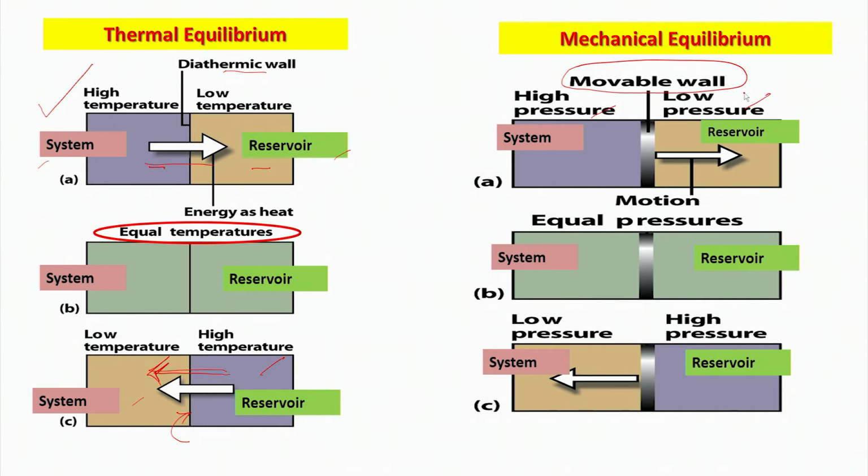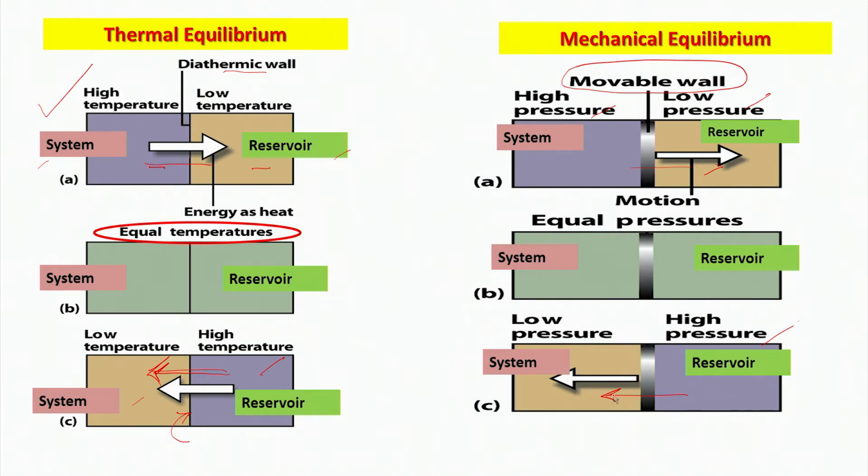So if I maintain the system at high pressure, the volume will be exchanged in this direction. If I maintain the reservoir at high pressure, then the volume would be exchanged in this direction.